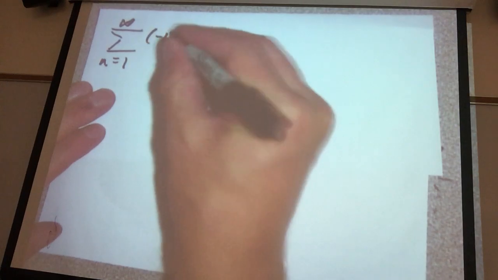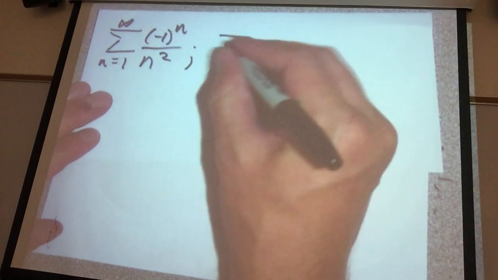All right. So let's say I did the sum n equals 1 to infinity of -1 to the n divided by n squared. Okay?